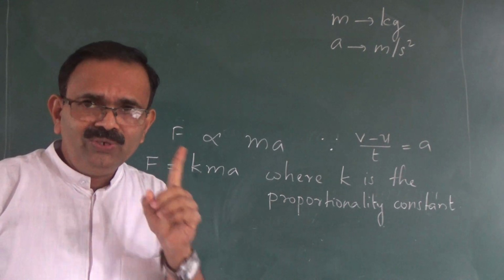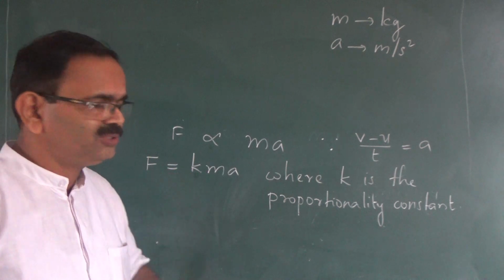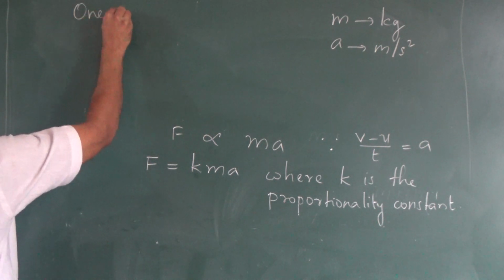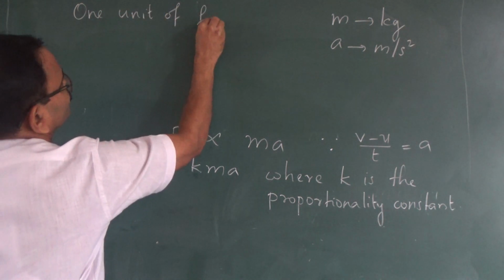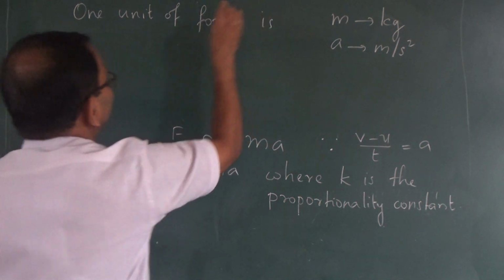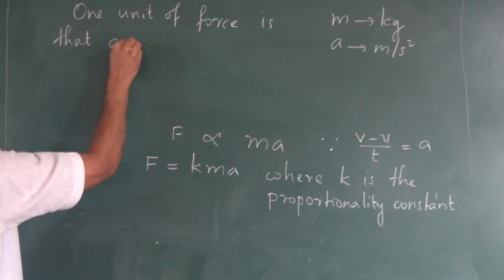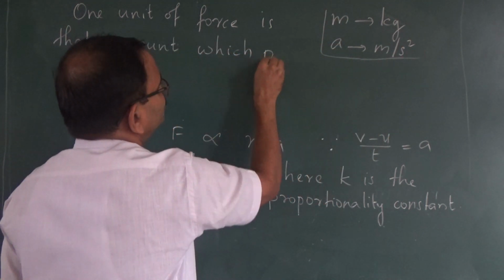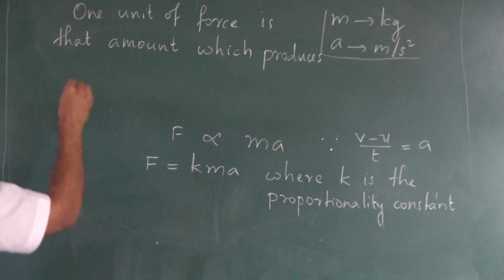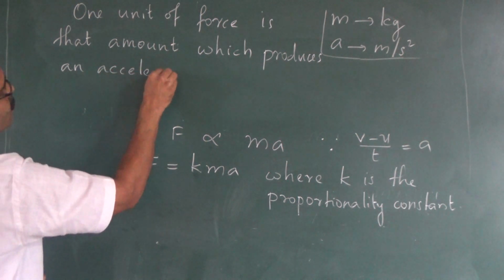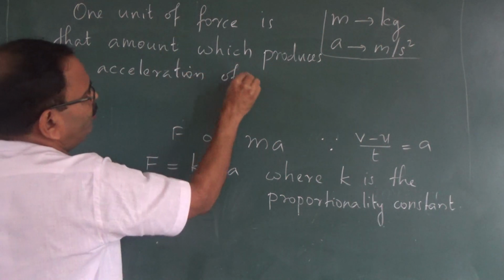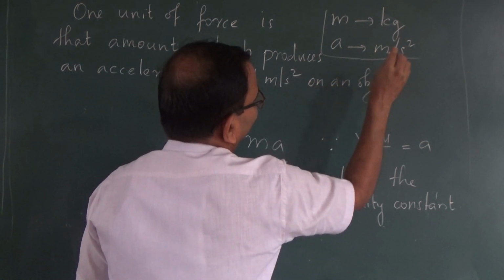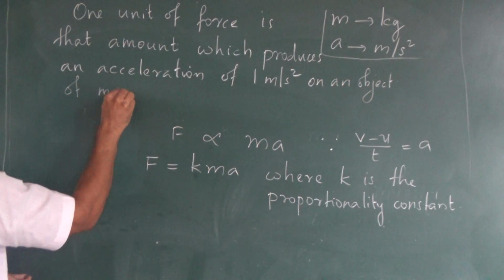For that he defined one unit of force as that amount which produces an acceleration of 1 meter per second square on an object of mass 1 kg.